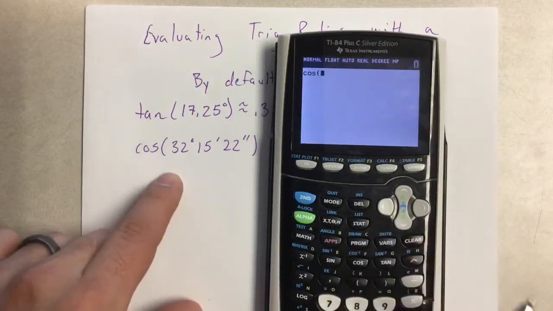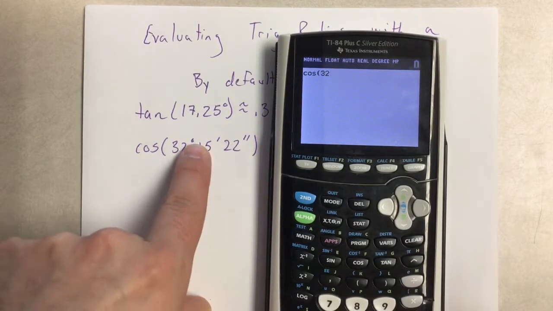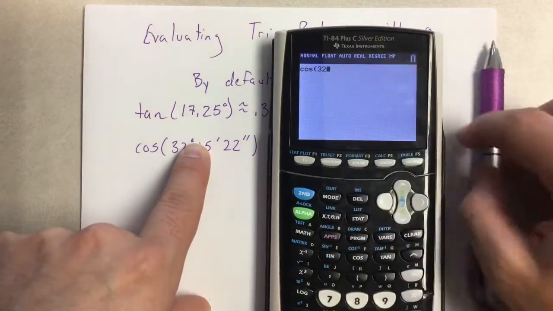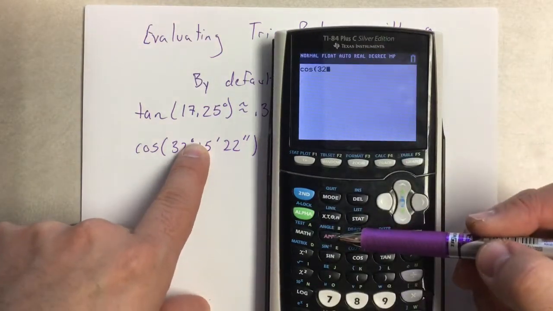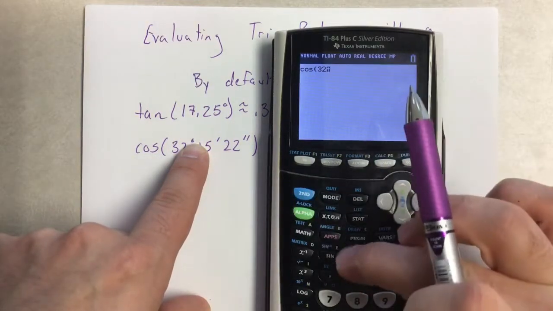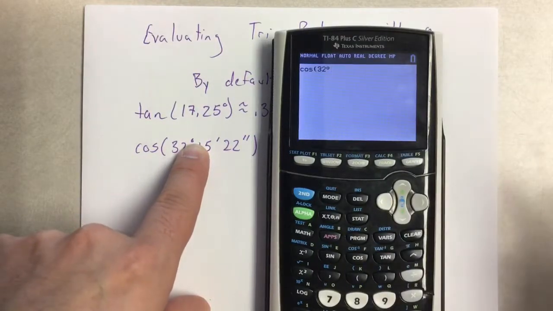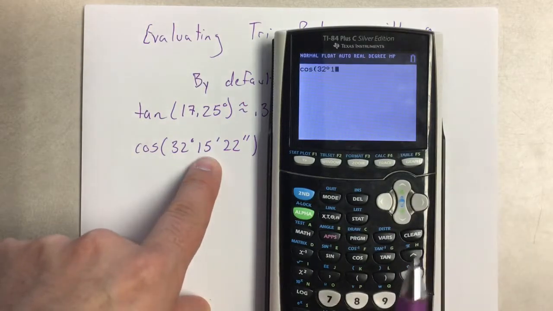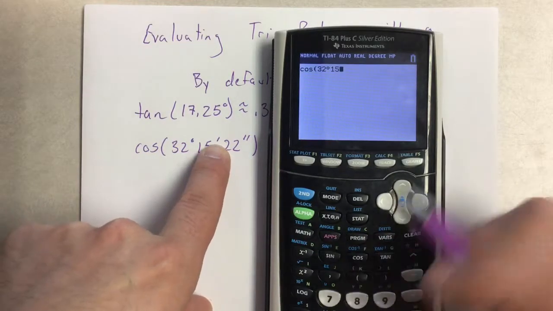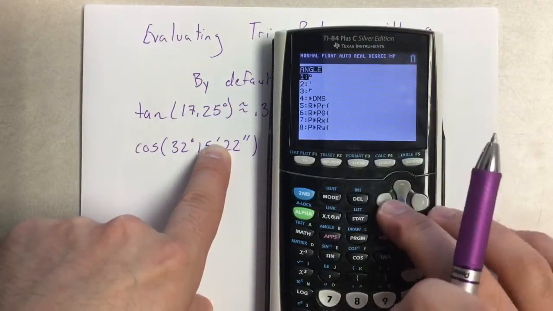So cosine of 32, and since we're having minutes and seconds, I need a degree symbol. The degree symbol can be found right above the apps button, where it says angle. So I'm going to hit second, apps, and right there's our degree symbol. Then 15, our minutes, is in the same spot in the angle menu, so second, apps, option 2.